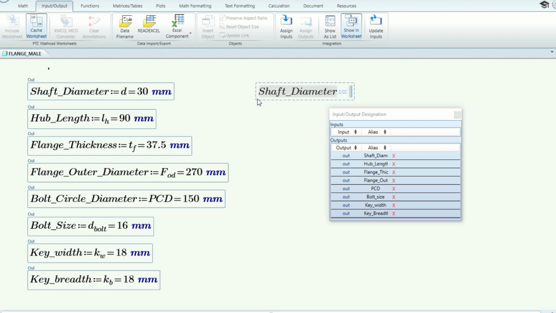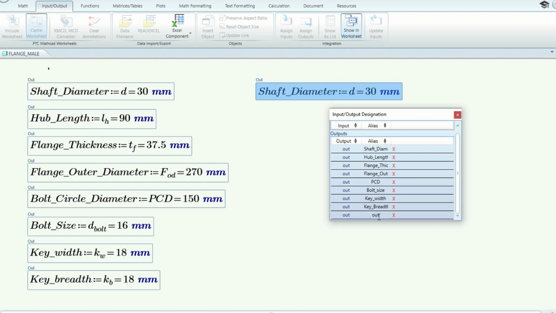I'm taking D and let me see whether it's creating value. Okay, it is 30. Okay, I'm going to assign outputs. So this one has come here.